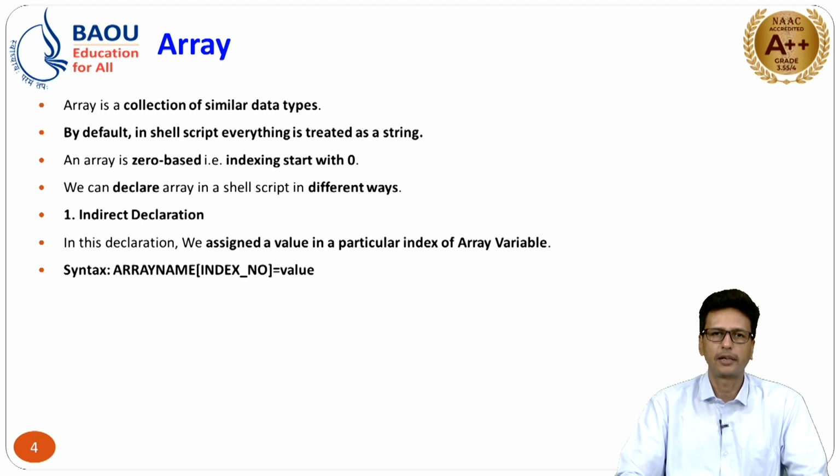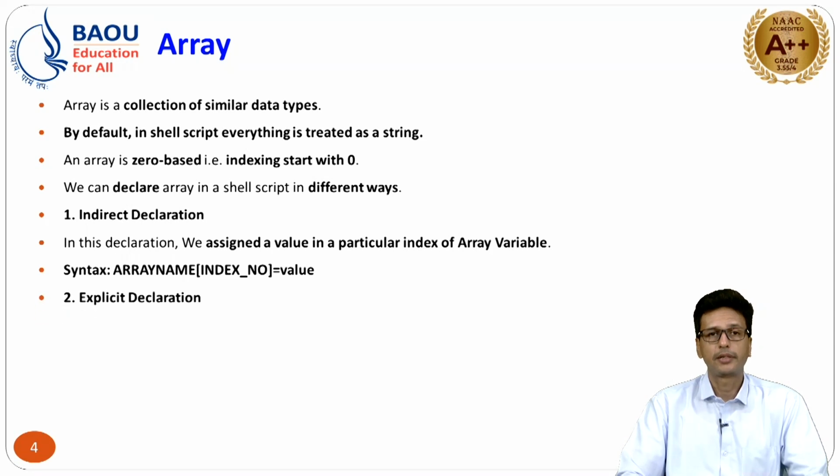Here the name is array name; any valid variable name can be given. Then in square brackets you define the index number. In all our previous programming languages, you have to declare the size, but here it is not the case. Whatever values you define, accordingly the size will be defined. So that is one of the ways to declare the array, the indirect declaration.